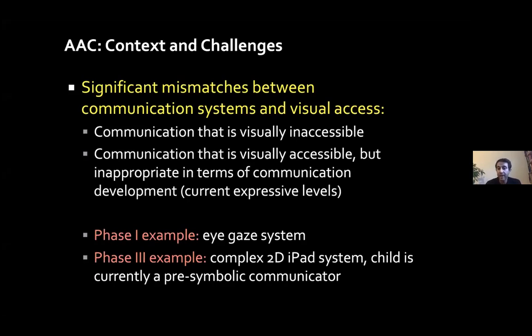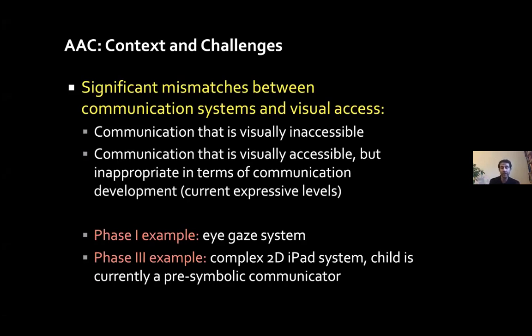On the other hand, a child in phase 3 who has this beautifully adapted two-dimensional iPad system, a communication device with all little icons, and they all look beautiful. 30 icons on the screen at one time. They're perfectly visually adapted with regard to complexity and color, outlining, things that are very visually distinct.